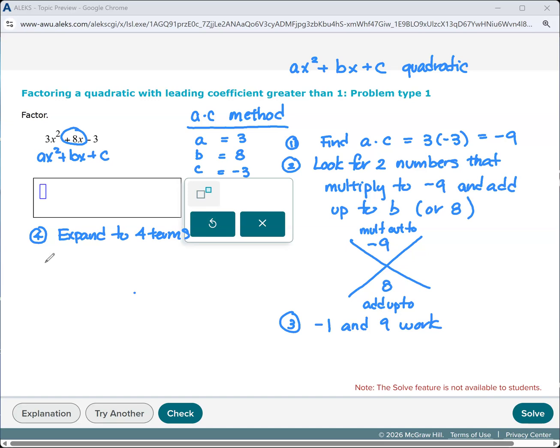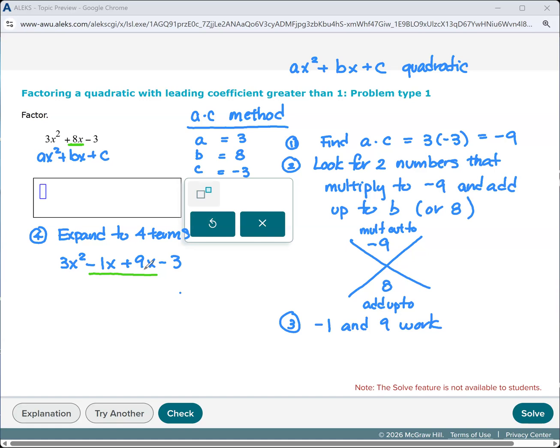So I keep the first term, 3x squared, and I expand out the second one to negative 1x plus 9x, which is the same as 8x. I've just rewritten it. So now I have 4 terms, and then I have my minus 3 at the end.